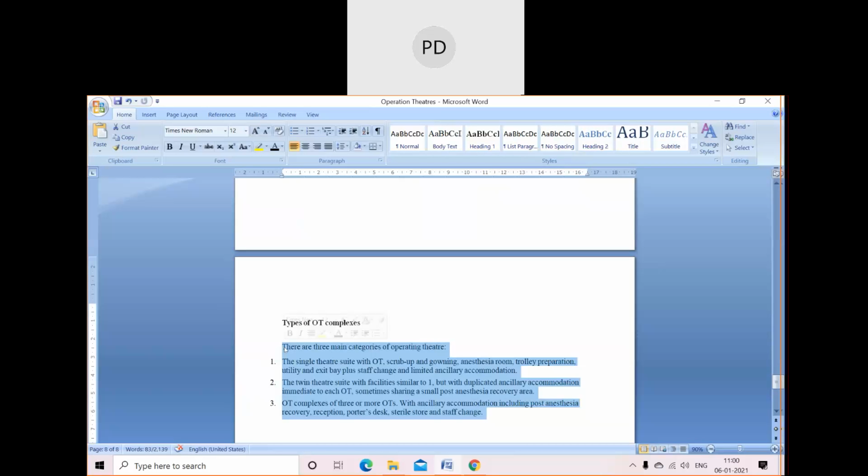And there will be three or more OTs. I have only seen three OTs at a time, and more OTs in the same complex I have not seen yet. So that is a bigger OT, where all these facilities are there inside itself. So you have to remember the categories of operating theater.